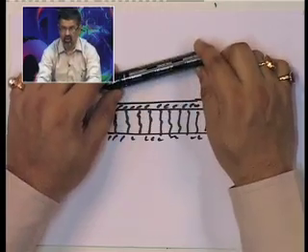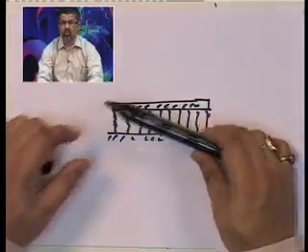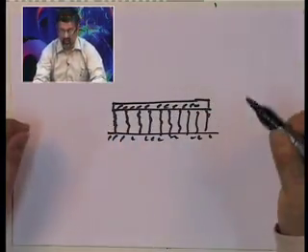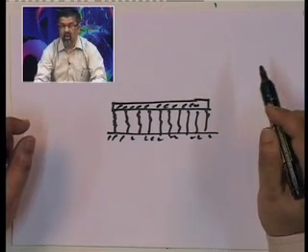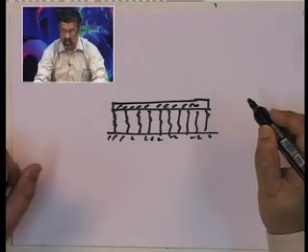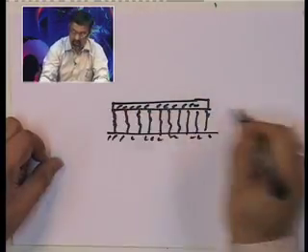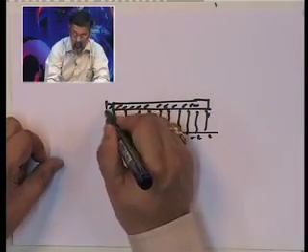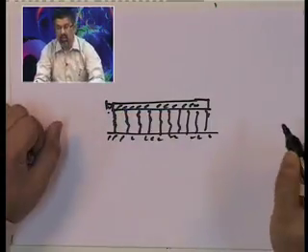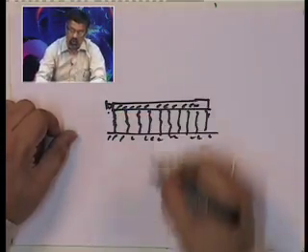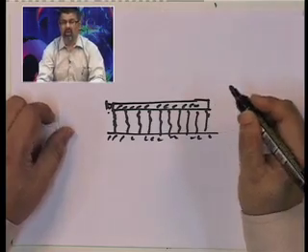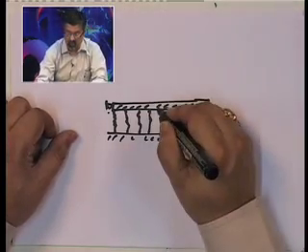Okay. It could move like this. So, if it moves like this, then essentially that means that this beam has 2 degrees of freedom. Note that this motion is not allowed. Remember that this is not allowed.